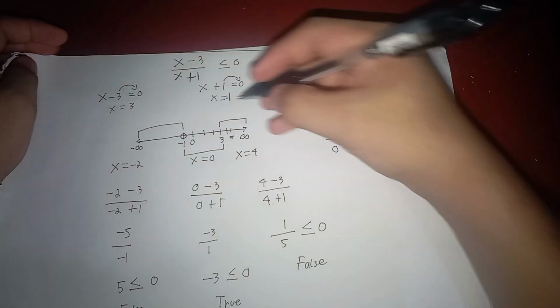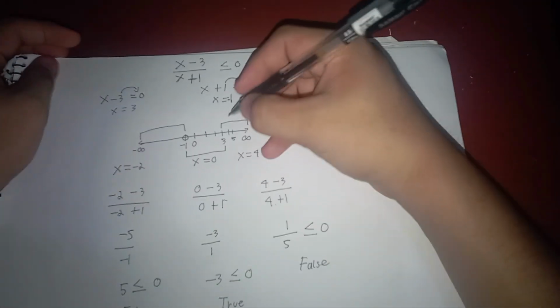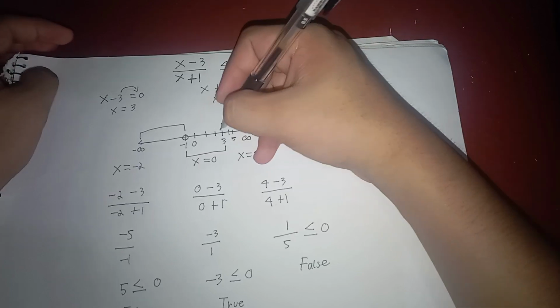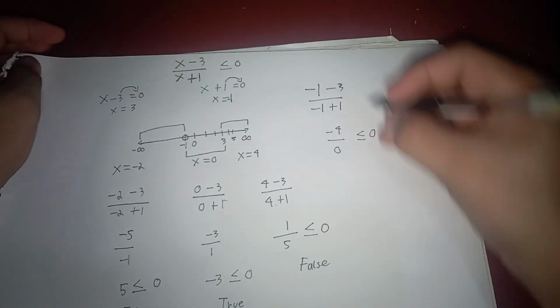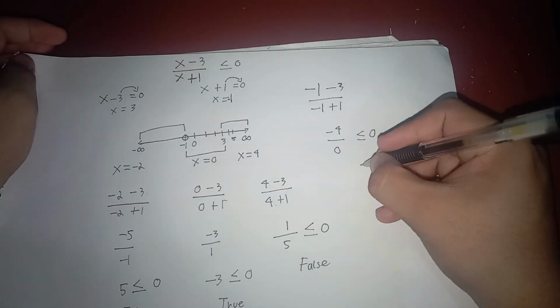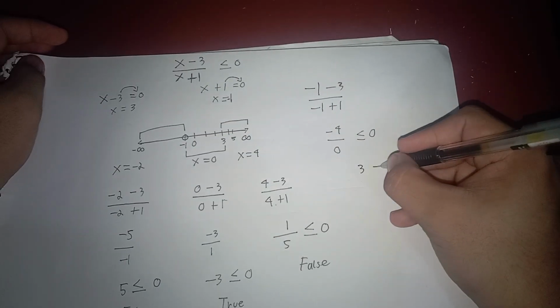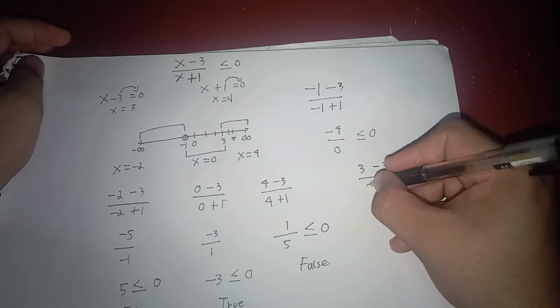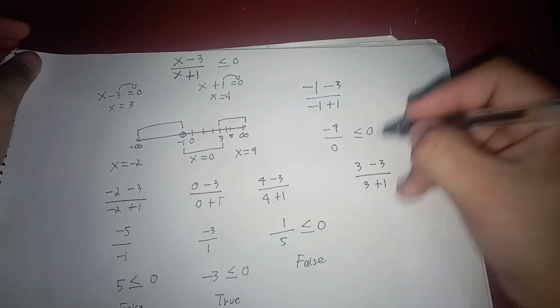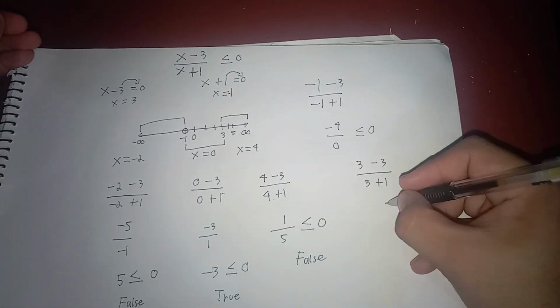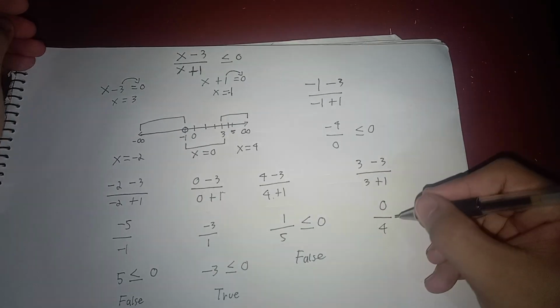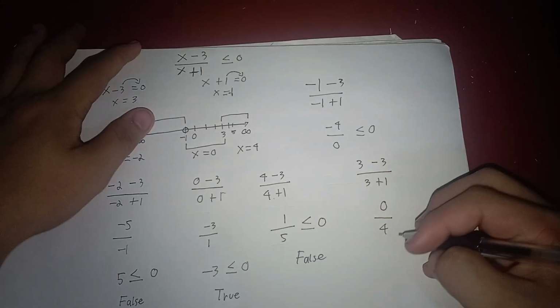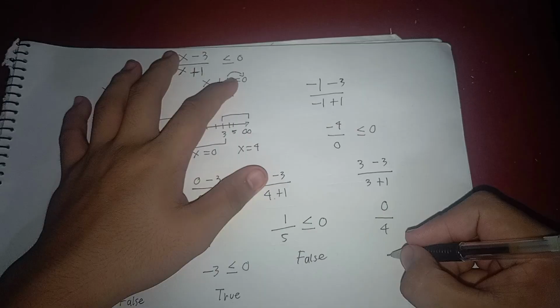Now we move on to the critical value 3. Just gonna do the same with this one. Just gonna substitute to the x. 3 minus 3 over 3 plus 1. 3 minus 3 is 0, over 3 plus 1 is 4. 0 divided by 4 is 0.